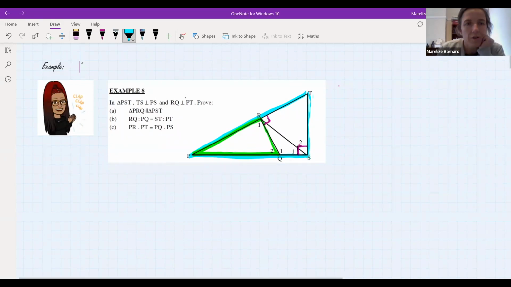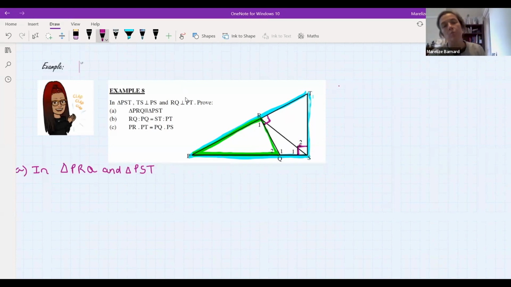Okay, so I'm also just going to write down over here the two triangles. So we start off in triangle PRQ and triangle PST. So this is how we're going to formulate our similarity proof.